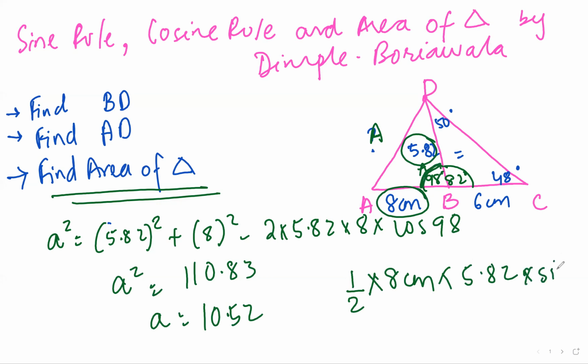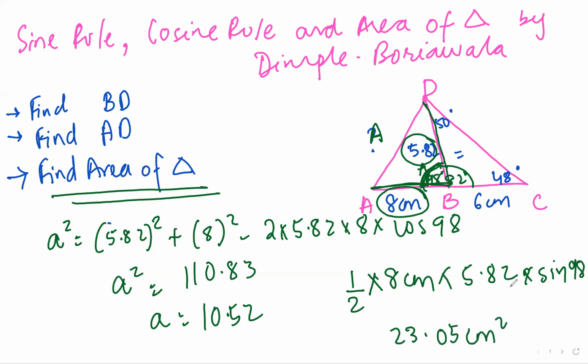You will always take that as sine 98 because you have got two sides. Always remember, whatever angle is in between two sides, that will be considered as your angle, which is sine 98. So 8 into 5.82 into sine 98 divide by 2 gives the area, which is 23.05 centimeters square.